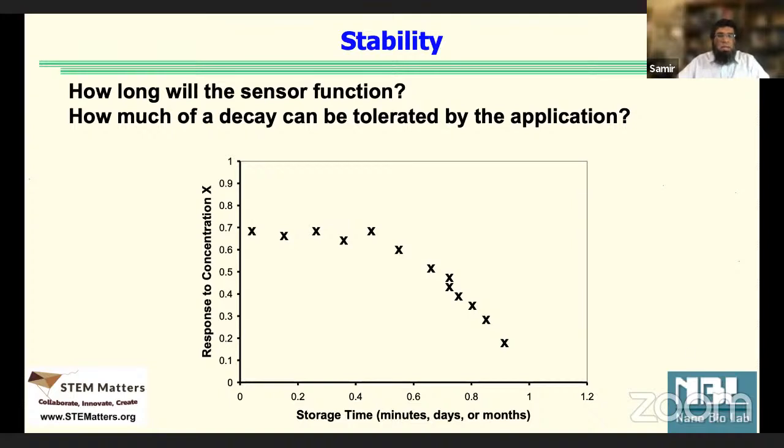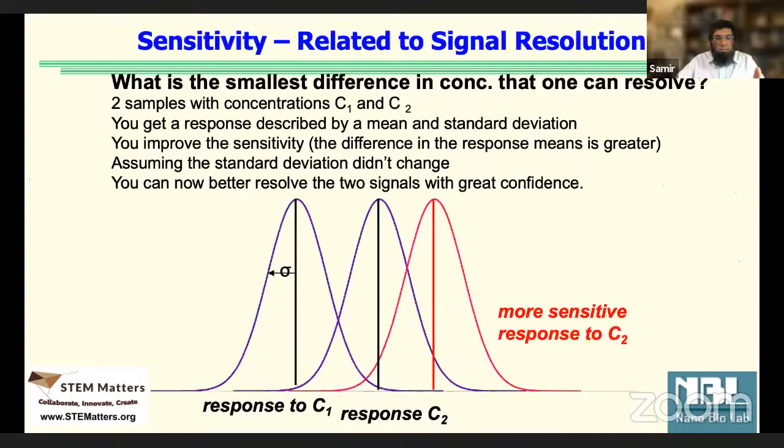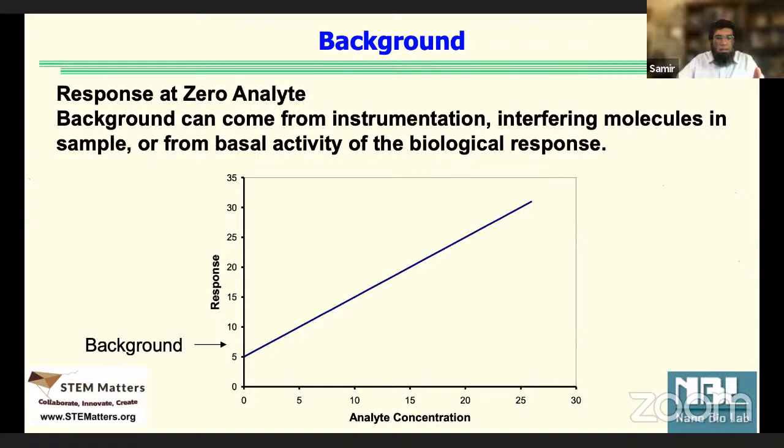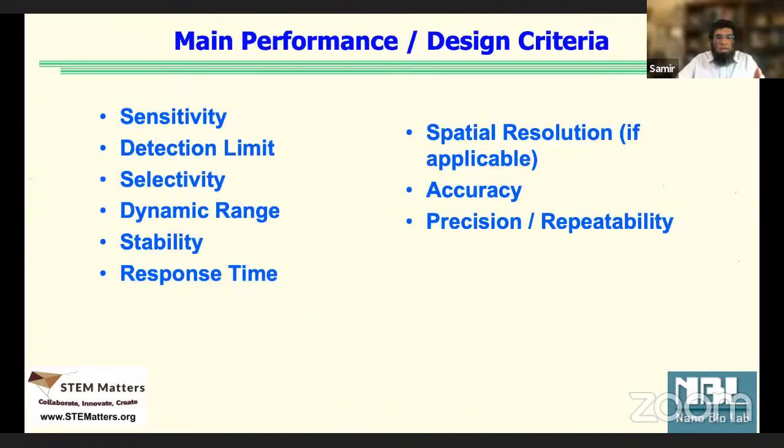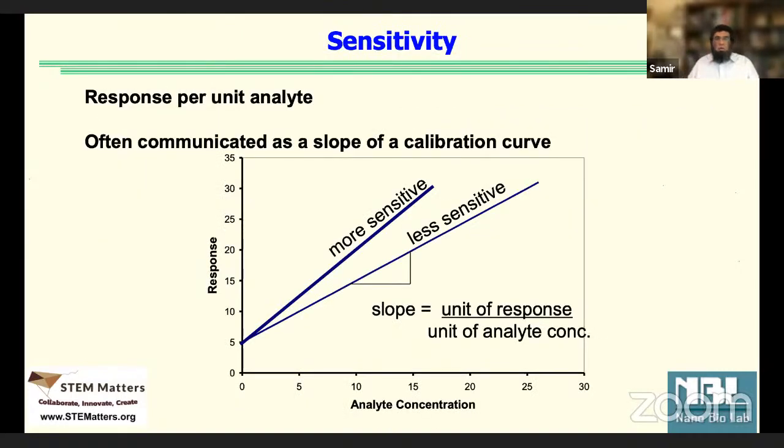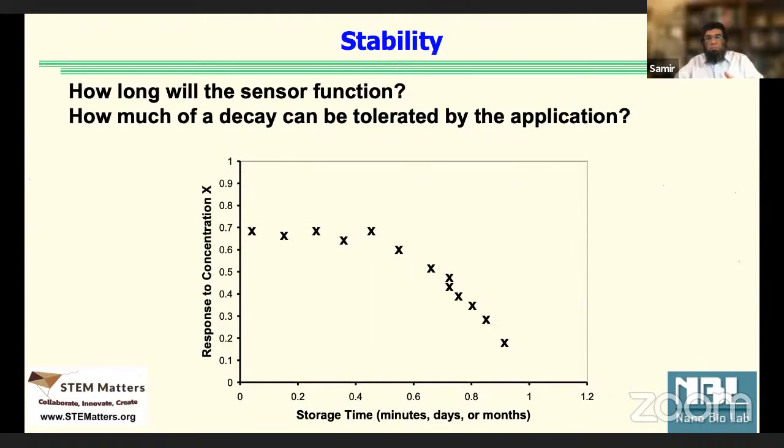This is just showing the response to one concentration over time. But if we go back, what was that sensitivity, those straight lines? Over time, that can change. Now, how would I know the response of this biosensor if over time it has degraded? So this goes into the question of stability.